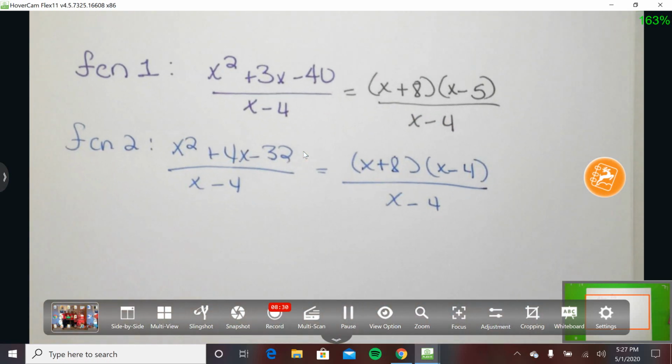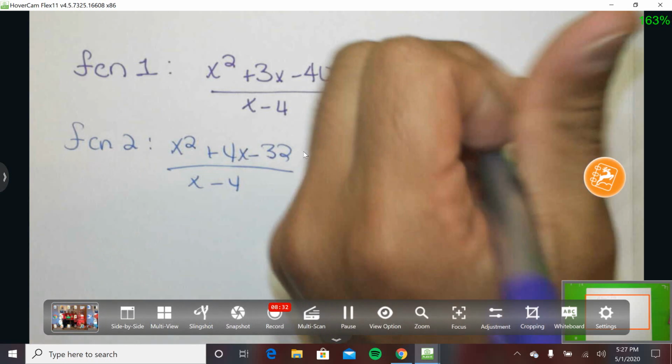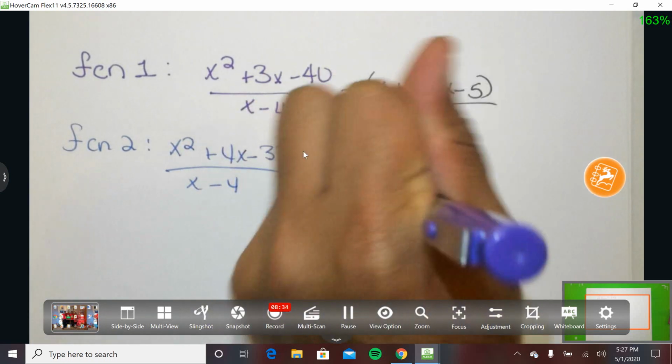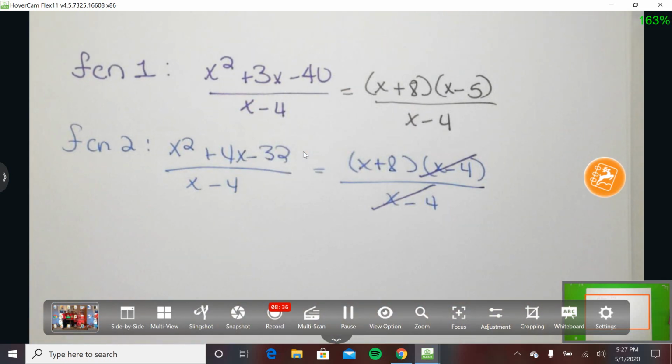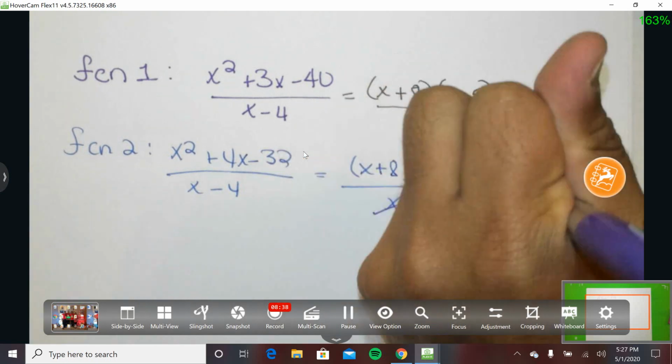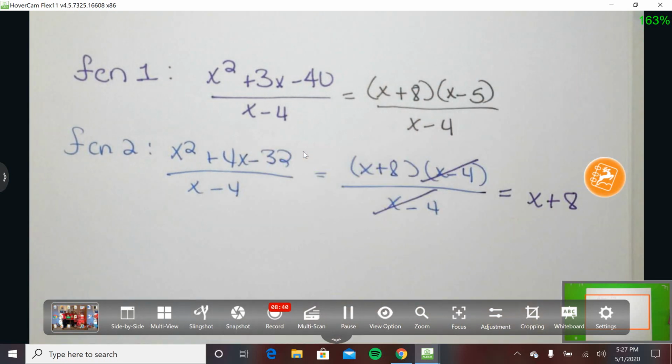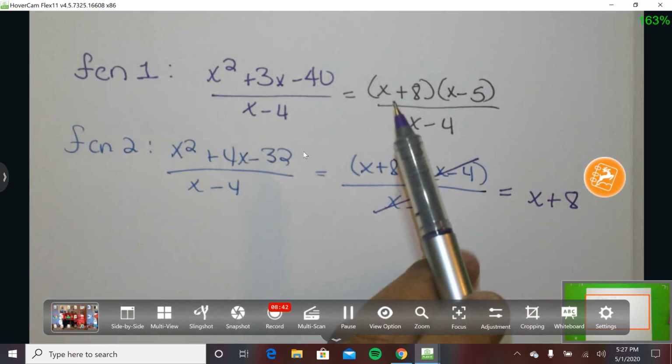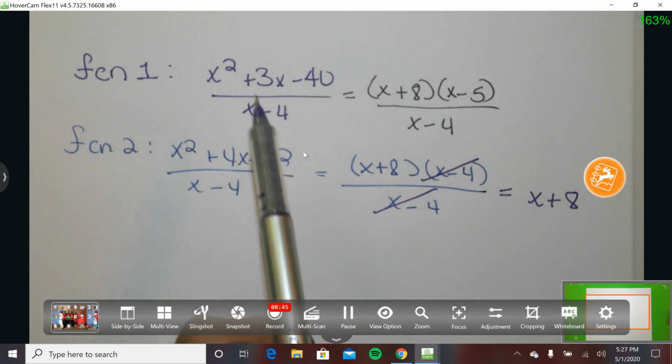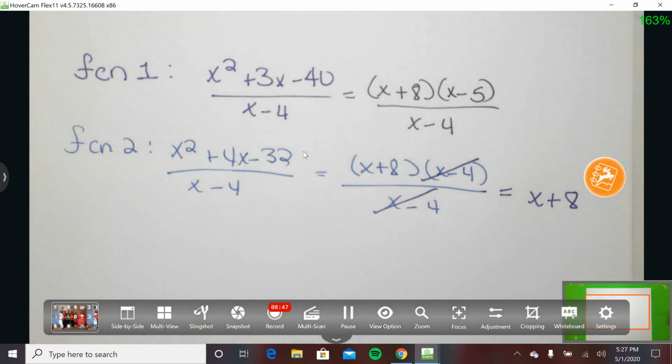But look, right here, removable discontinuity. So all you really have left here is x plus 8. Nothing cancels out in function 1, so it kind of stays as the original, if you want to think about it that way.